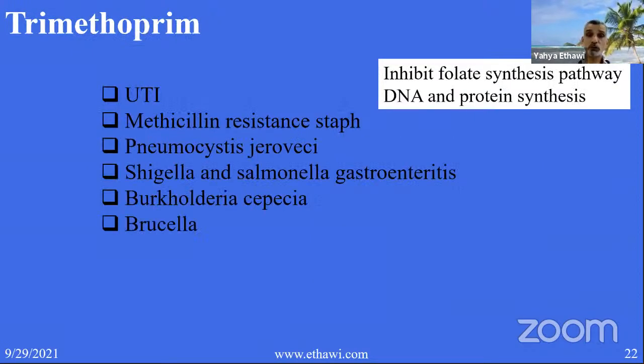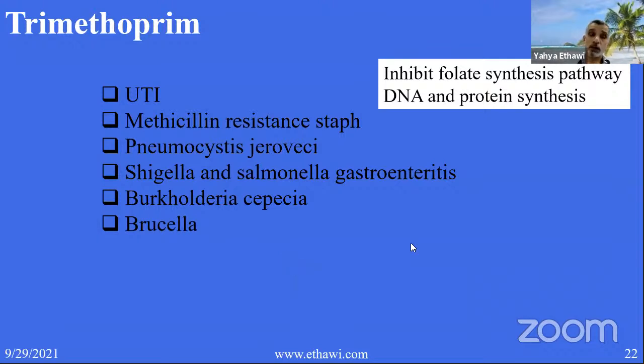What about trimethoprim? It's an antibiotic that is usually overlooked and is a very good antibiotic. It's very good for UTI. It inhibits folate synthesis, by the way, and it affects DNA and protein synthesis. Therefore, you might need to supply folate when you use it over a longer period of time.